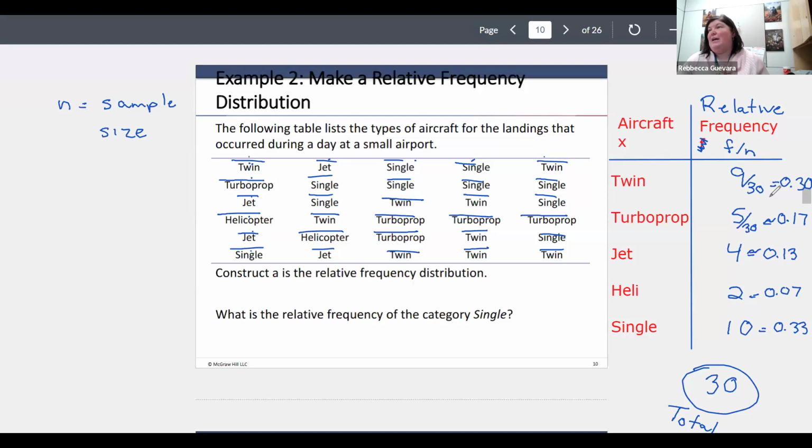Okay. If you add up your relative frequencies, they should be approximately 1. I think when I add these ones up, they are going to be 1. Plus the 0.17 plus 0.13 plus the 0.07. Yep, so this one does equal 1. So relative frequency should always sum to 1.